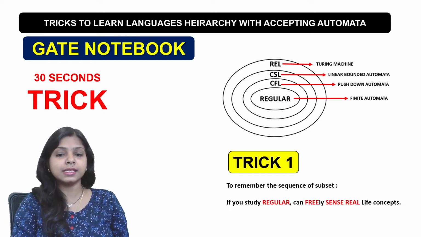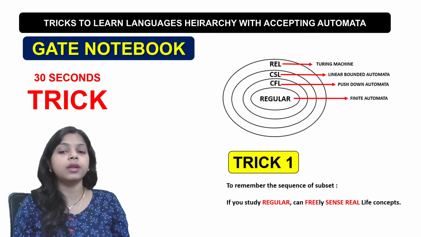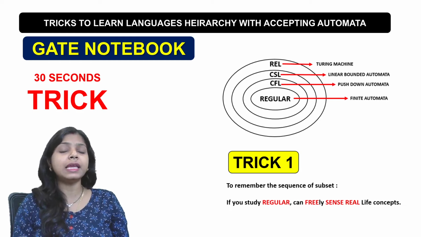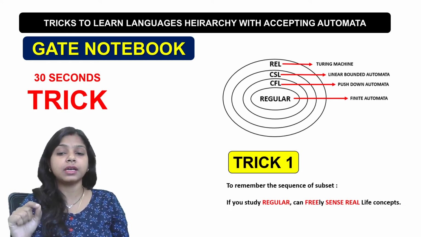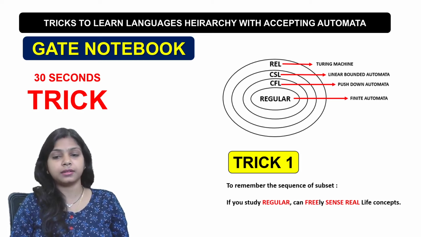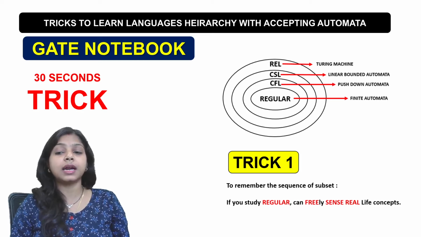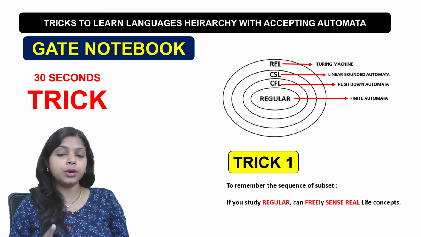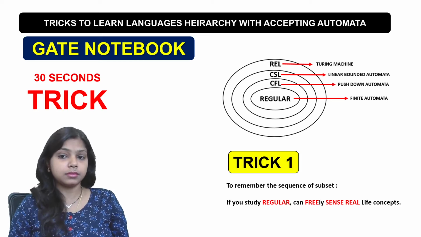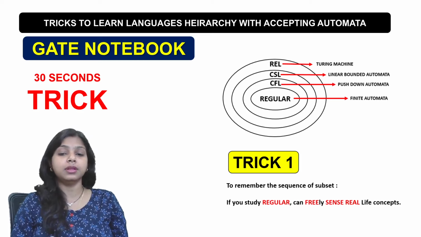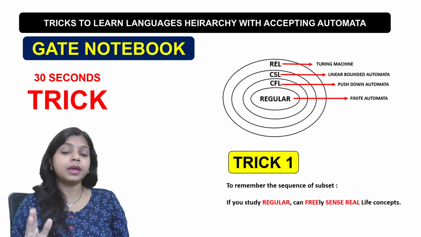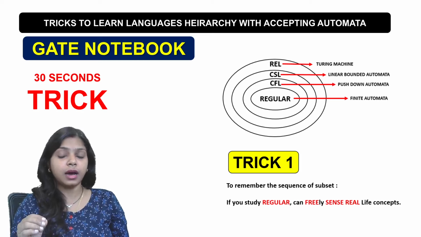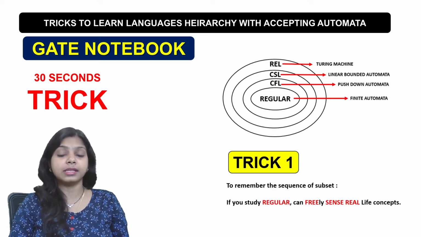So the sentence is: if you study regular, you can freely sense real life concepts. Why are we studying? So that we can understand our real life phenomena very easily. So to become more understandable, you need to study regular and through that you can freely sense real life concepts.